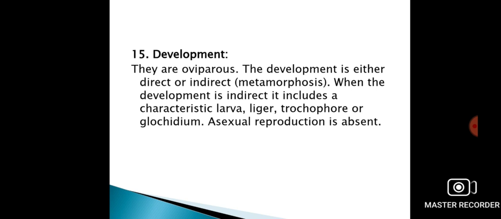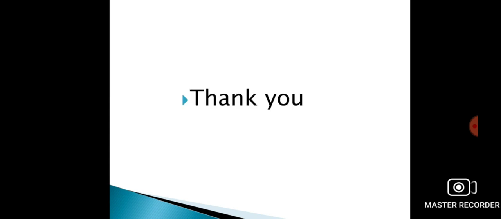Indirect means via metamorphosis, means from the egg, one or two larval stages arise, and such larval stages give rise to the adult or young ones. When the development is indirect, it includes larval stages like trochophore, glochidium, etc. Asexual reproduction is not seen in case of molluscs.